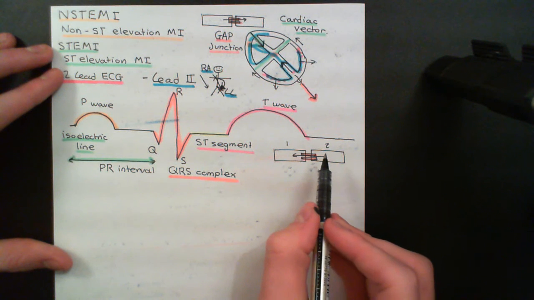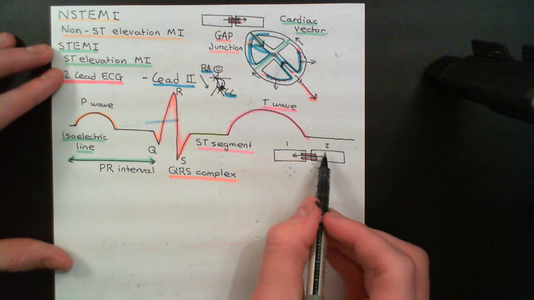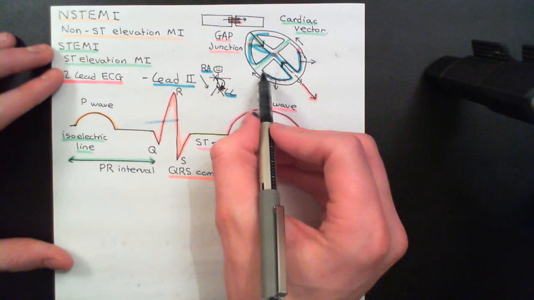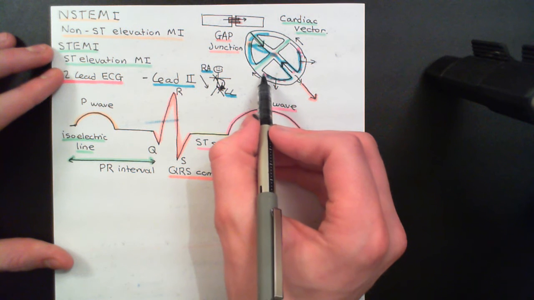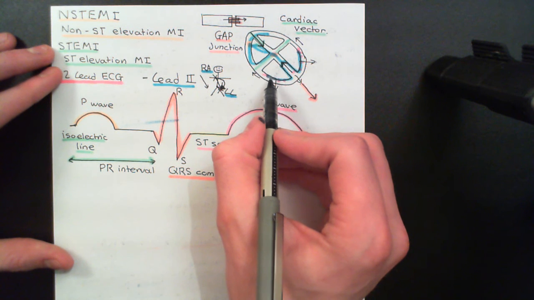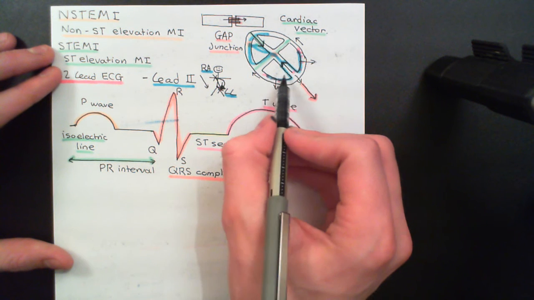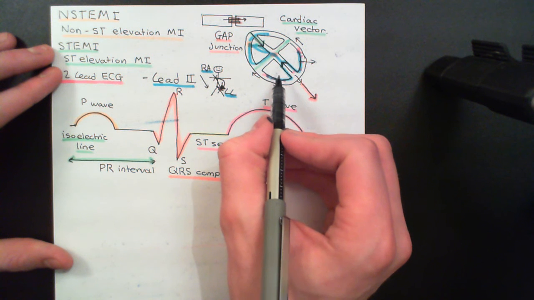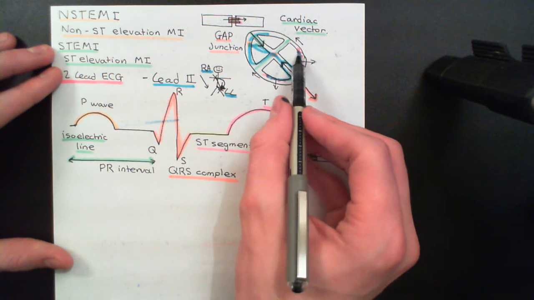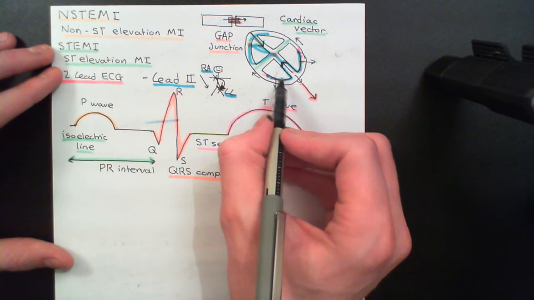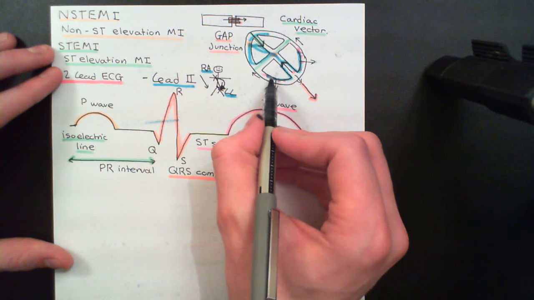Now, in the case of ventricular repolarization, if I asked you which cardiomyocytes of the ventricles are going to repolarize first, you might say it's going to be the subendocardial ones because they depolarized first.